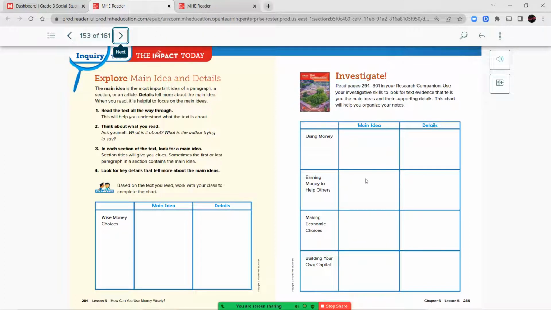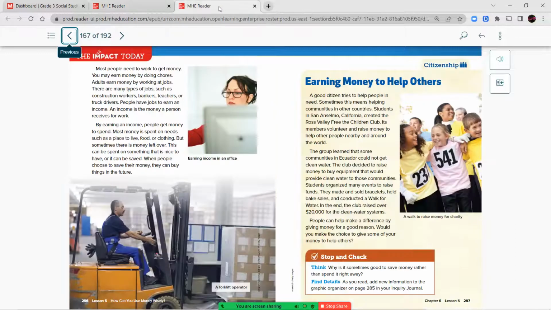So that's the main idea for the section. And in the details, you can give the example of the kids in San Anselmo raising money to help communities in Ecuador get clean water. So next, let's take a look at our making economic choices.